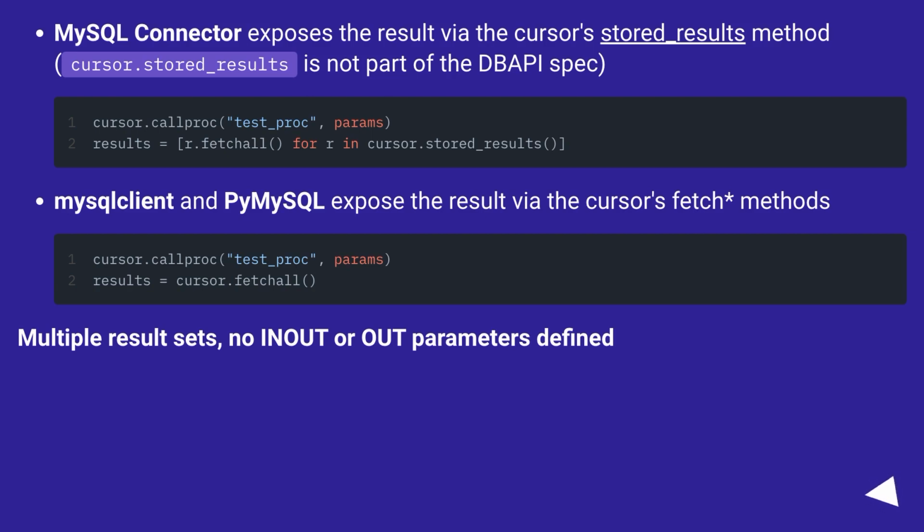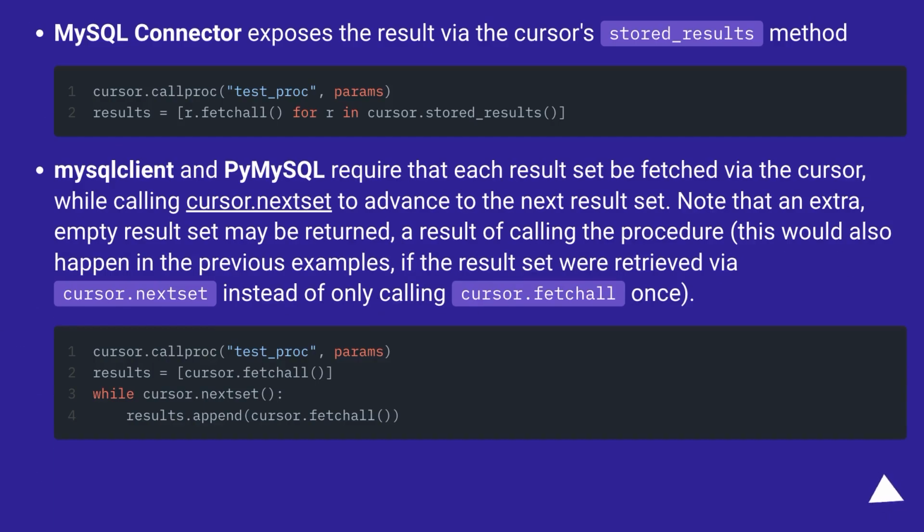Multiple result sets, no in-out or out parameters defined. MySQL Connector exposes the result via the cursor stored_results method.